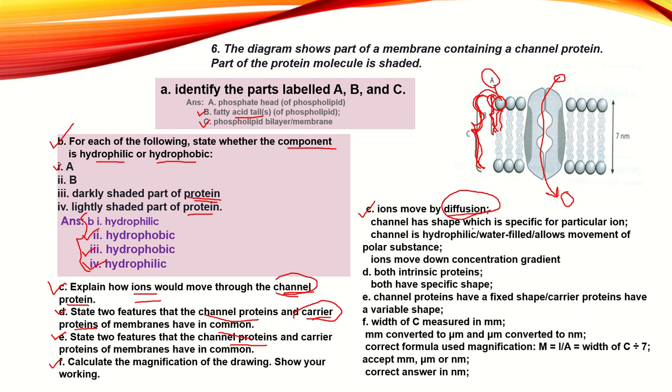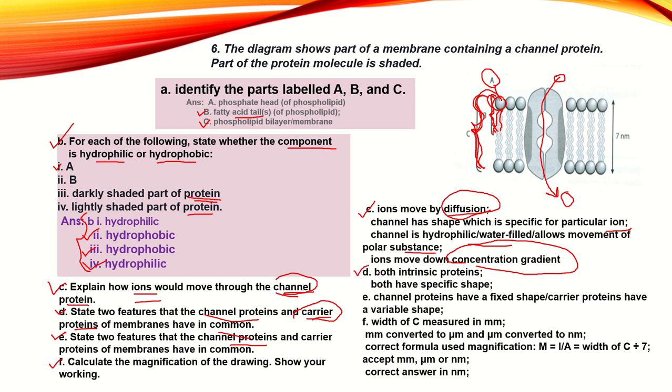The channel has a shape which is specific to particular ions, and the channel is hydrophilic and water-filled, allowing movement of polar substances, and ions move down the concentration gradient.